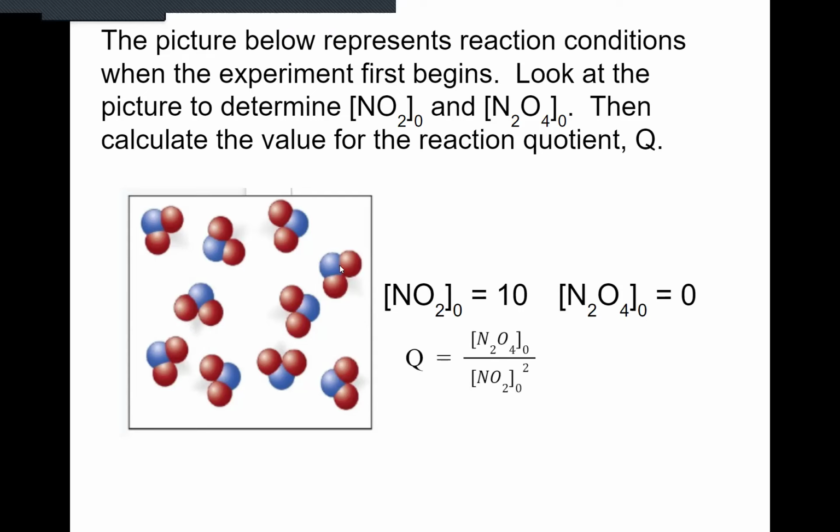If we've determined that the concentration of N2O4 is 0 and the NO2 is 10, that means we would calculate Q by taking 0 over 10 squared. Well, that's equal to 0. Our reaction quotient for this picture, which represents a slice of time, is Q equals 0.